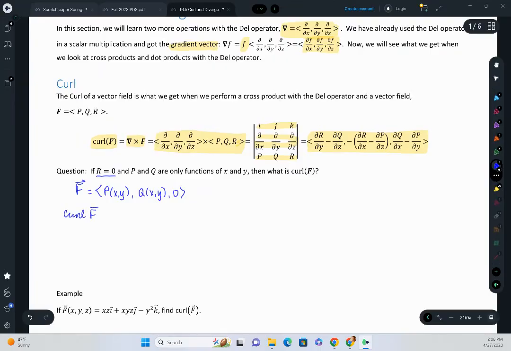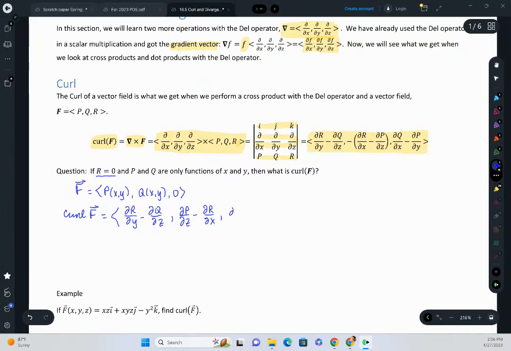So if I have curl of F, that's supposed to give me the vector with components del R/del y minus del Q/del z. The second component, if I distribute the negative sign, is del P/del z minus del R/del x.